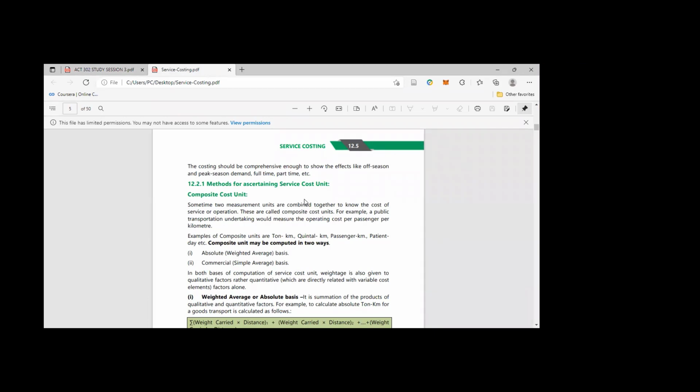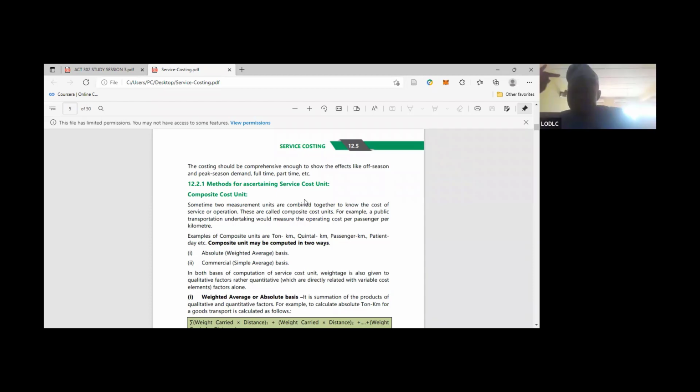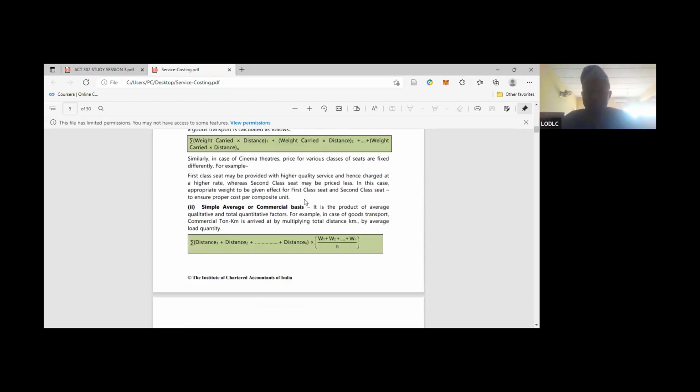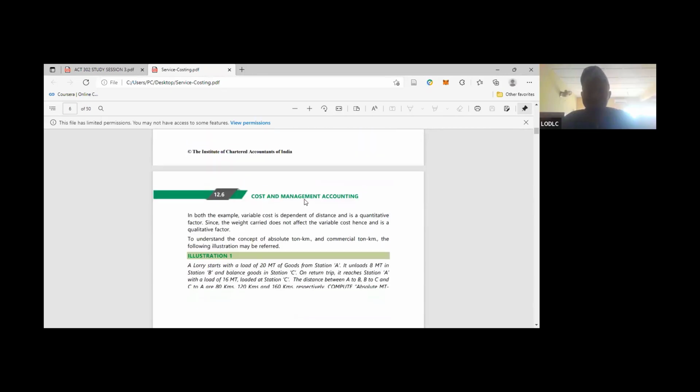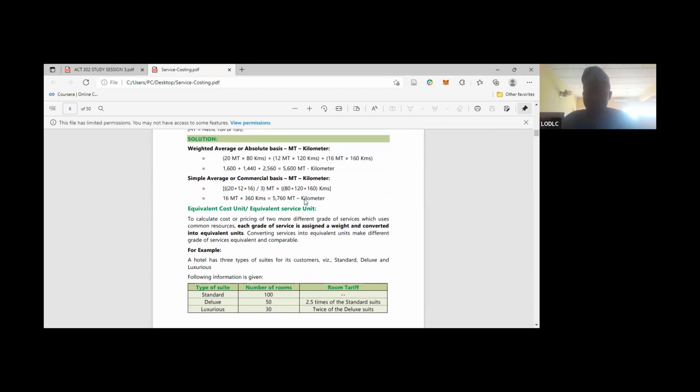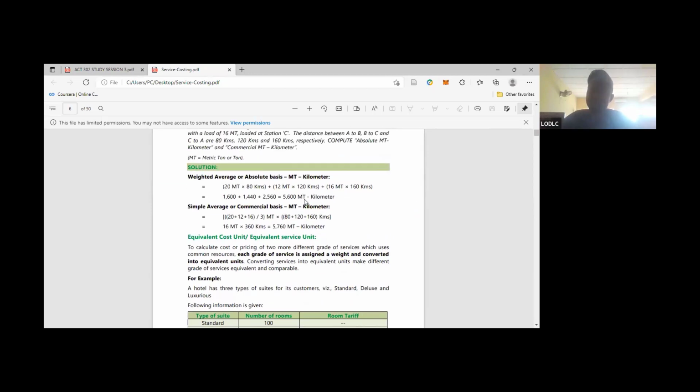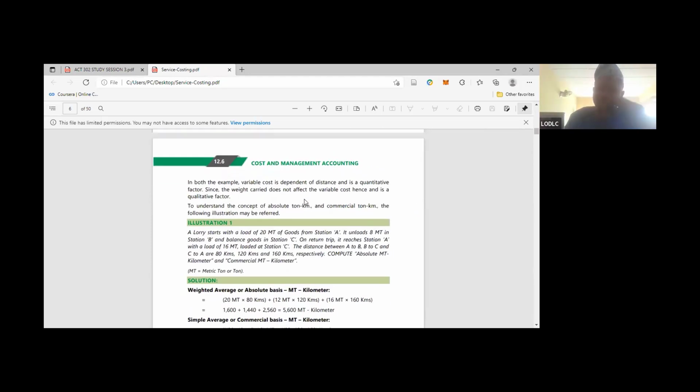And I said we have 2 methods: composite cost unit and equivalent cost unit. So these 2 methods need to be explained.